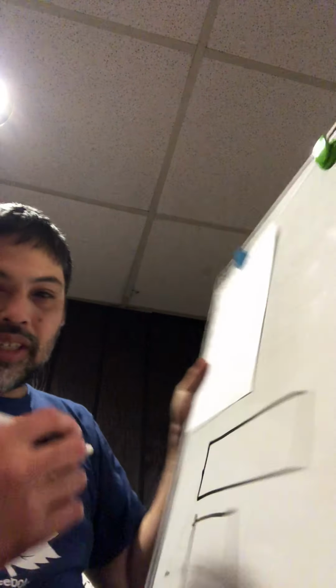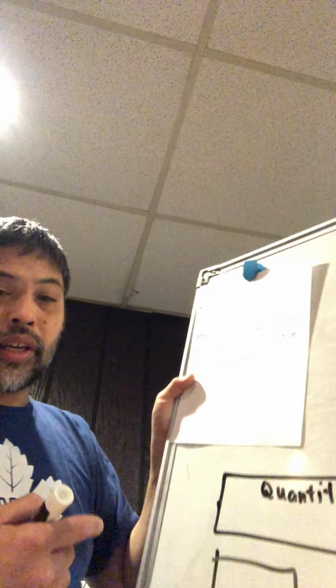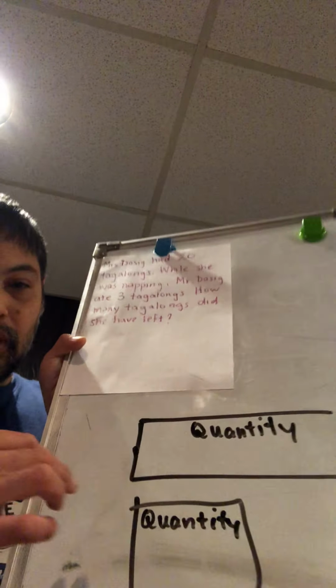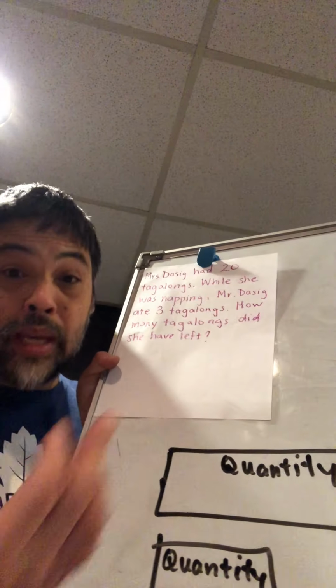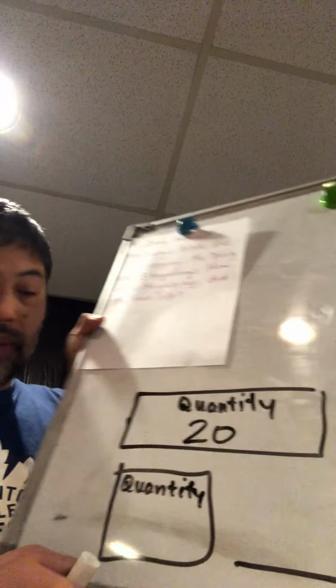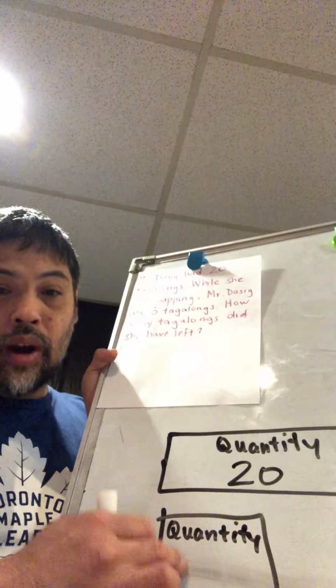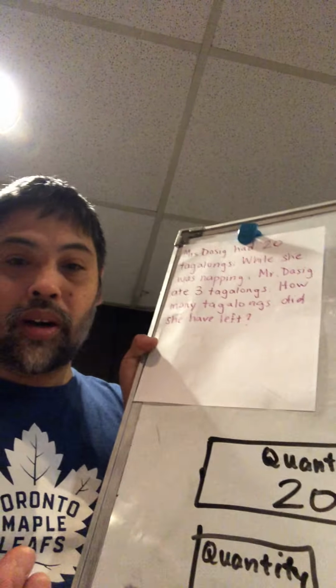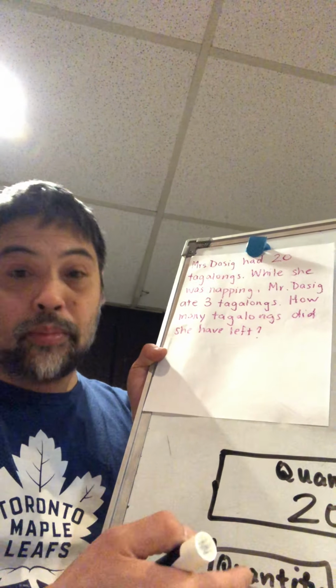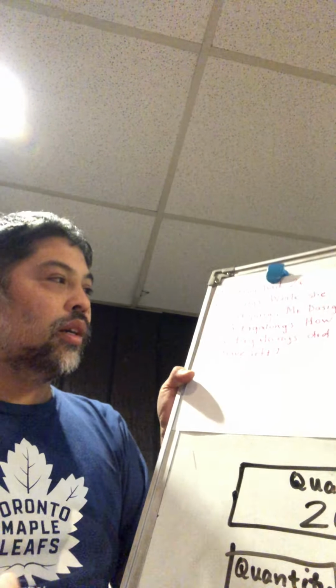So the big box is a quantity. Quantity is just a number, okay? A number of one of the things. And there's another box here for quantity. Okay? So in the first quantity box, the big box, we always put the bigger number. Makes sense, right? So we'll put 20 here. See that? And then for the other quantity box, that's the smaller number. The smaller box, we put the smaller number. Okay? 3.